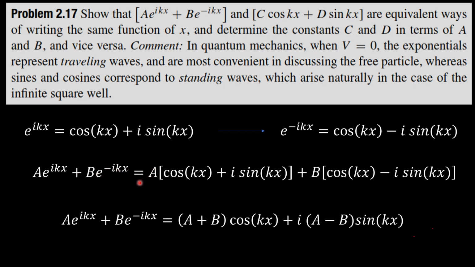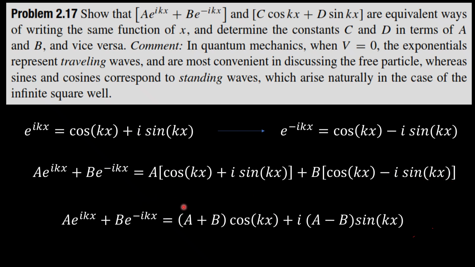By definition, a multiplied by e^(ikx), which is cos kx plus i sin kx. Similarly, b times e^(-ikx), where b I have taken as common, cos kx minus i sin kx.